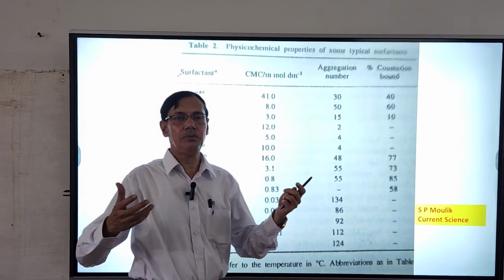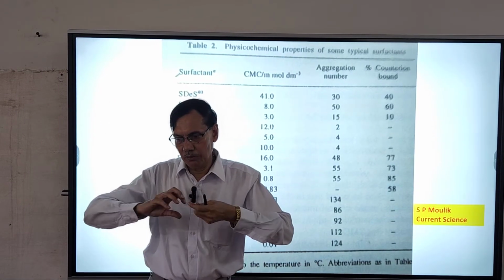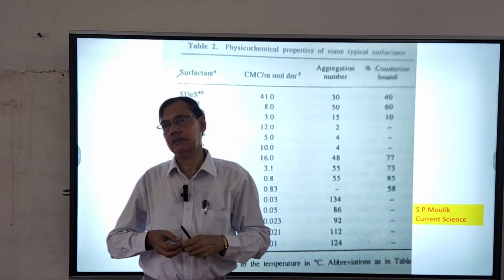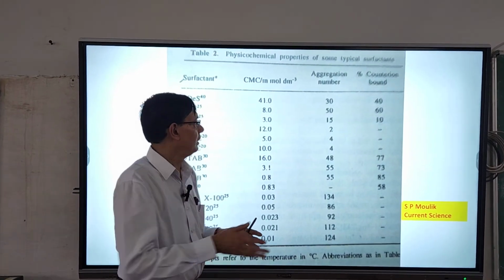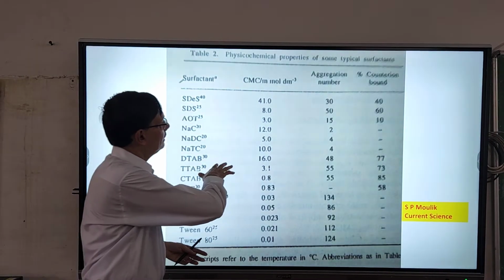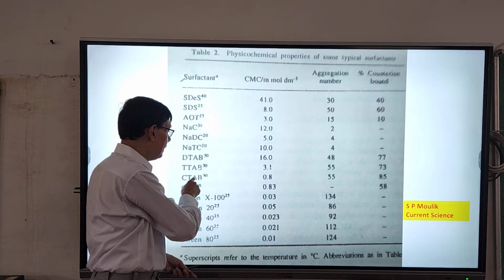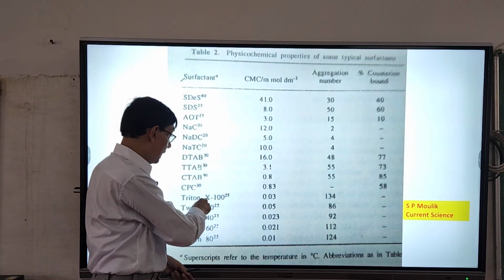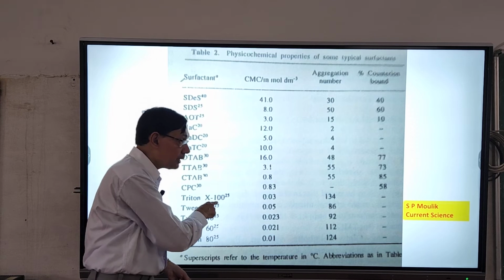You can ask me, sir, why people are not taking C18 or like that? There is a problem of packing parameters and a problem of coiling and other things. So basically people are using the most common SDS, CTAB, and Triton X-100, which is very important for analytical chemistry.